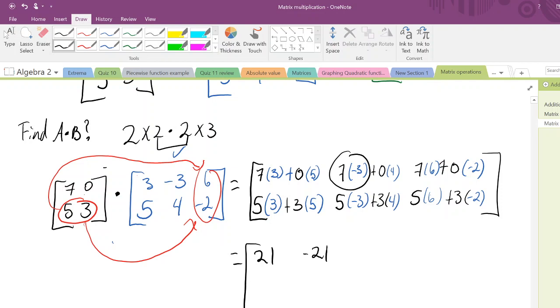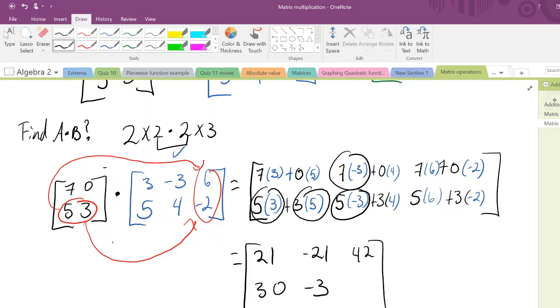Then 7 times 6 is 42, plus 0, so this is just 42. Alright, so 5 times 3 is 15. 15 plus 15, that's 30. And then 5 times negative 3, that's negative 15, plus 3 times 4, so negative 15 plus 12 is negative 3.